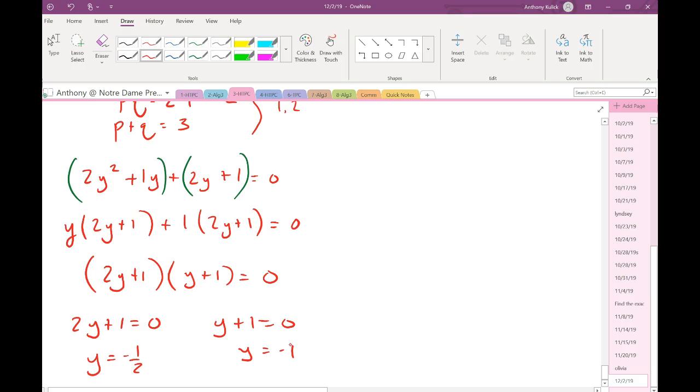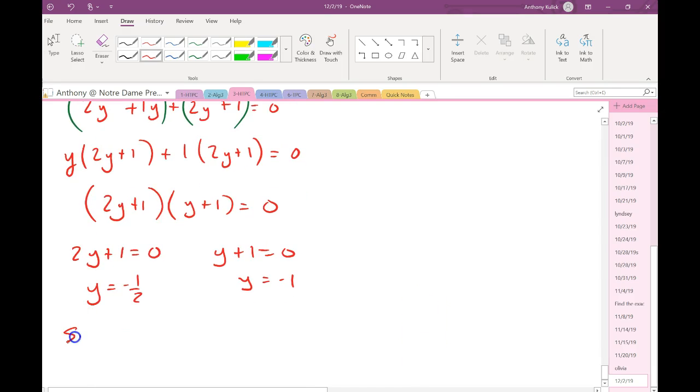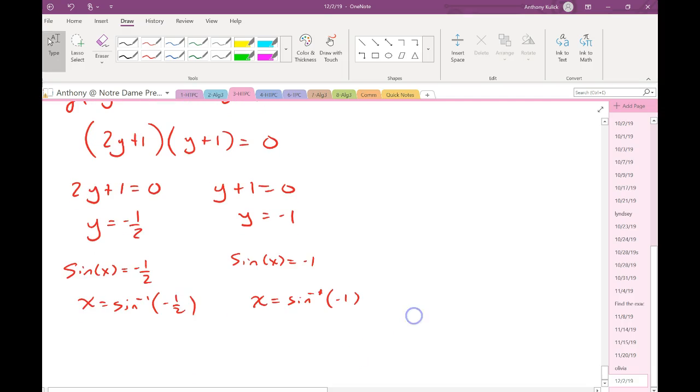To get this. But we weren't solving for y. What are we solving for? x. So let's drop sine x back in there. So x is going to be the sine inverse of negative 1/2, and then x is going to be the sine inverse of negative 1.